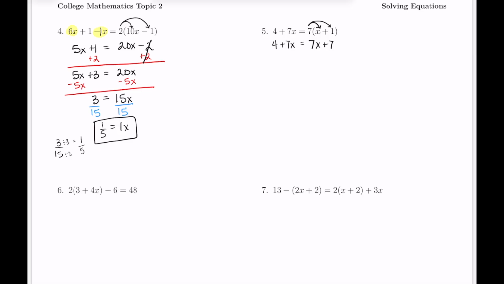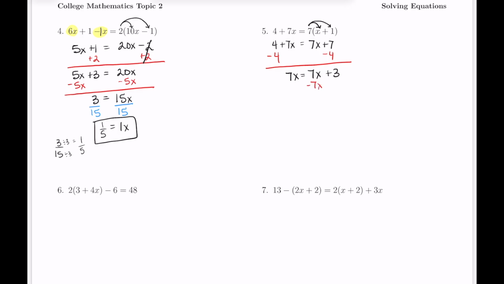Now something interesting is going to happen here because I'm going to subtract the 4 from both sides so that I can work on getting my x's alone. So on the left-hand side, I'll have 7x equals 7x plus 3. Some of you already see what's going to happen.